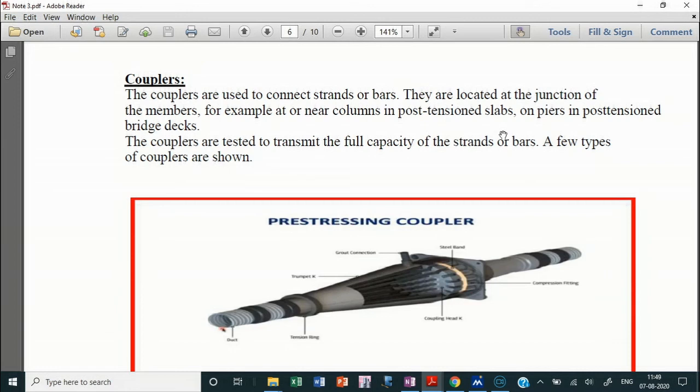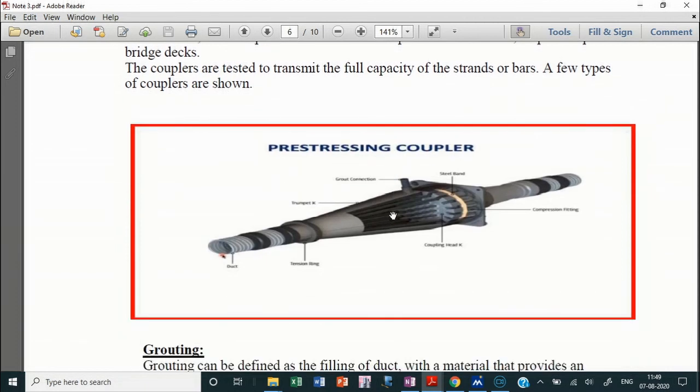What we do, we cut the rod and splice it up. In that case also, sometimes we use mechanical couplers. Generally, most often we do the splicing by using wires, by giving proper bond length between those two reinforcements. In that case we are using couplers for the same purpose.